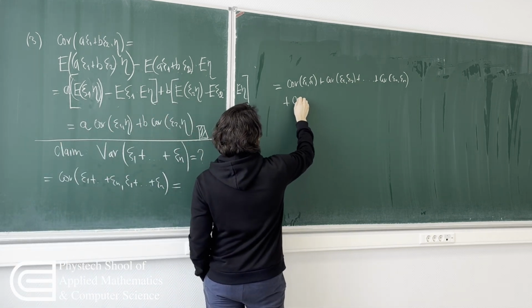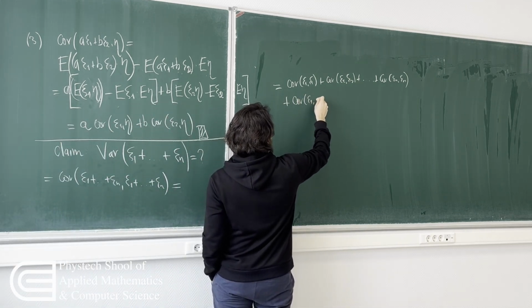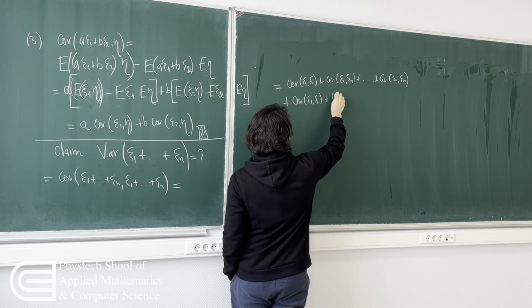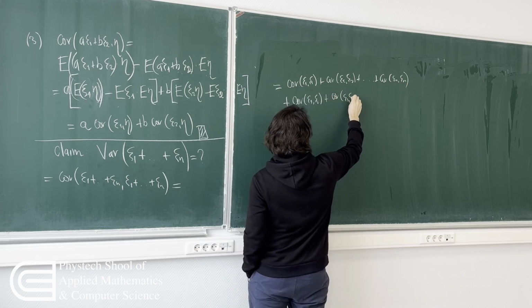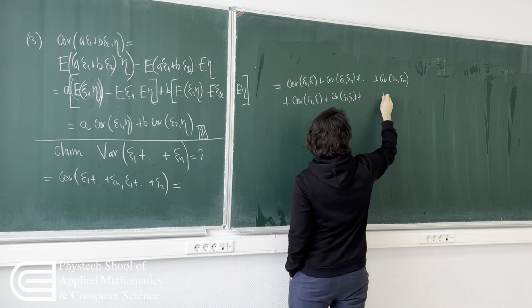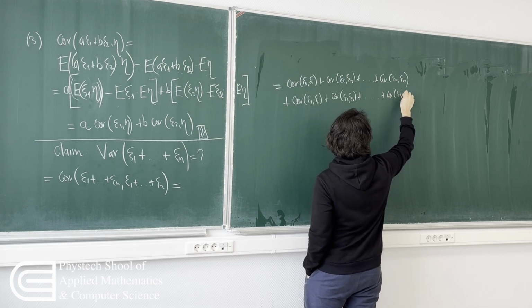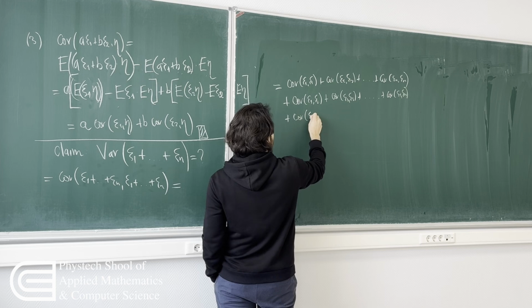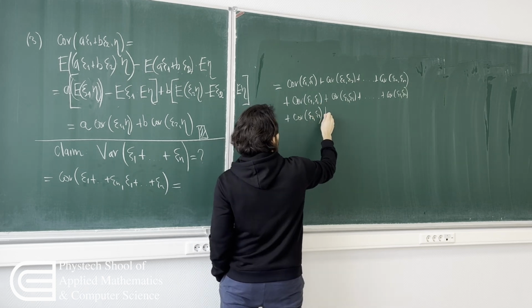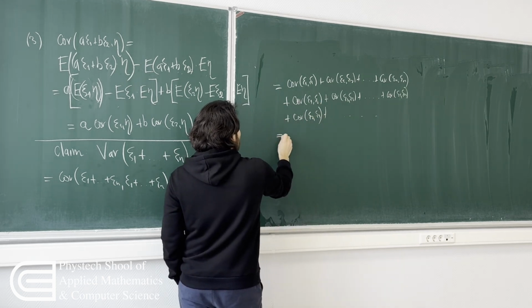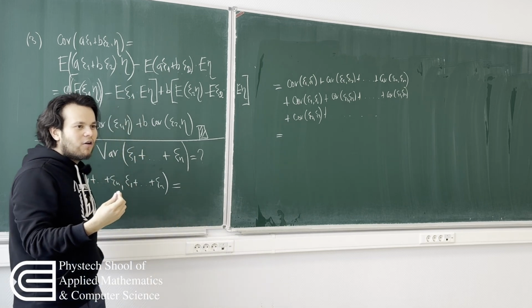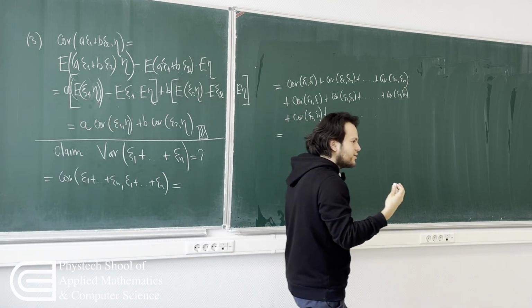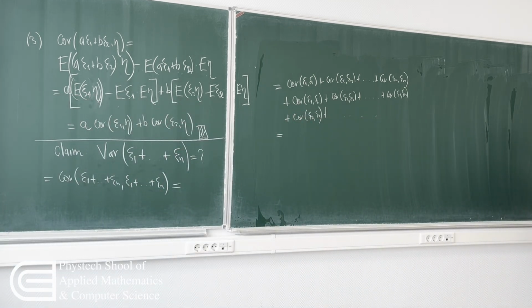So we have plus covariance of xi1, xi2, plus covariance of xi1, xi3, up to covariance of xi1, xin. And right here we will have covariance of xi2, xi1, and so on. But we already know that the covariance is symmetric. So the covariance of xi1, xi2 is exactly the same as the covariance of xi2, xi1. So we can write this in the following way.